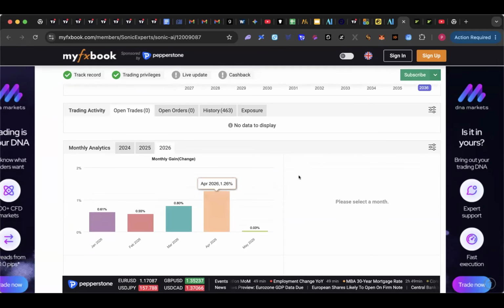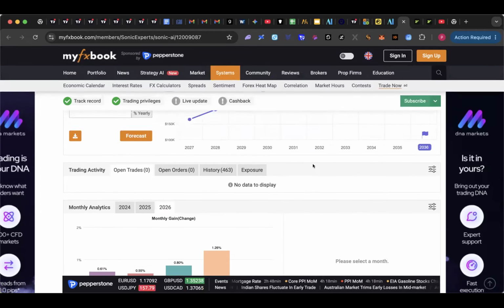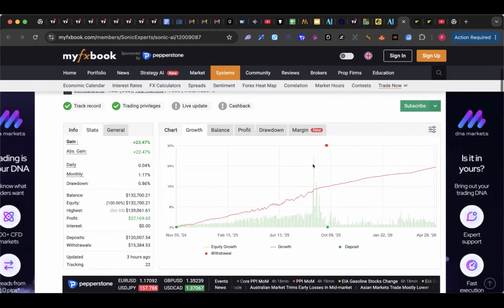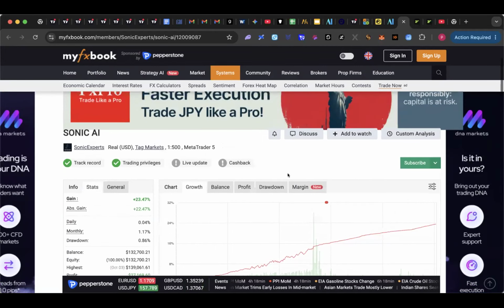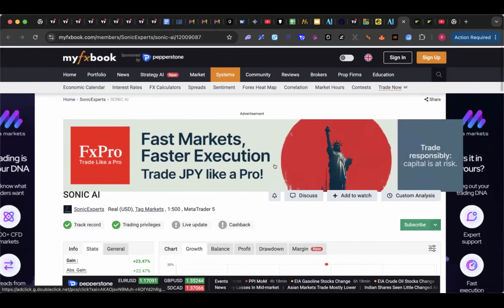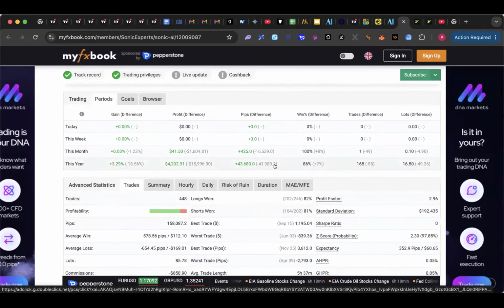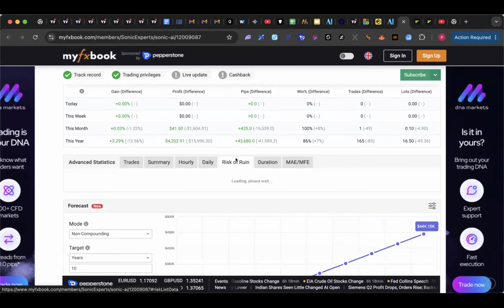And if they refuse to maintain it, checking your statistics, Sonic AI has not lost a trade 3 times back to back. And the way they expose their trade, if you are running on 12x, the chances of your account getting blown, because of the conditions given by Tag Market, we talk about 78 times.